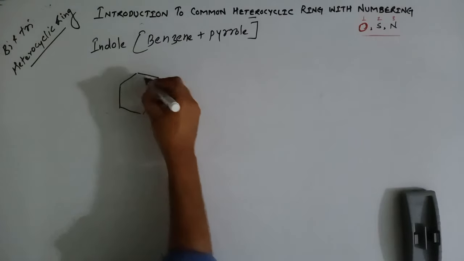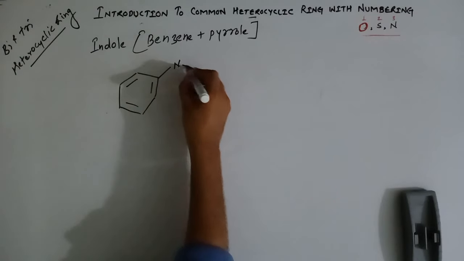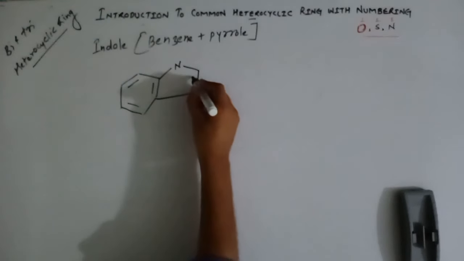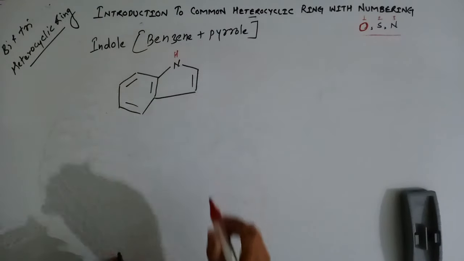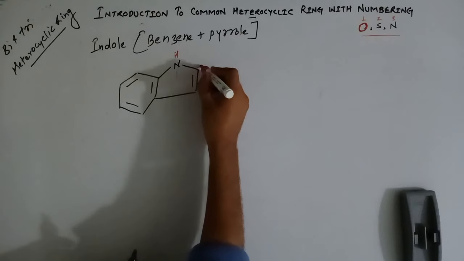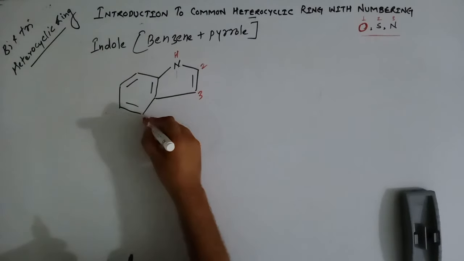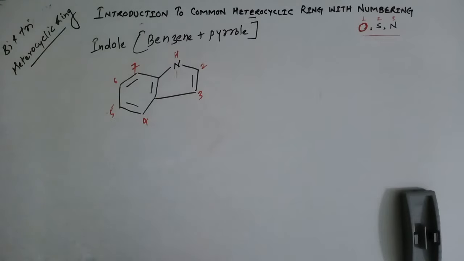This is your benzene and this one is your pyrrole. We have already discussed the structure of pyrrole in previous lecture. Now the numbering begins from this nitrogen: 1, 2, 3, 4, 5, 6 and 7. This is indole.